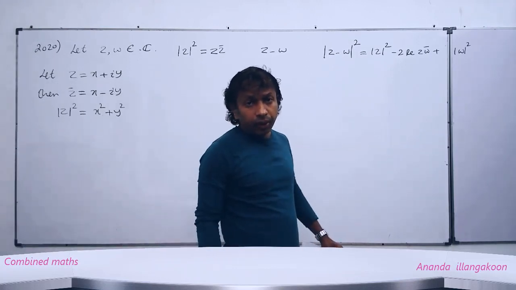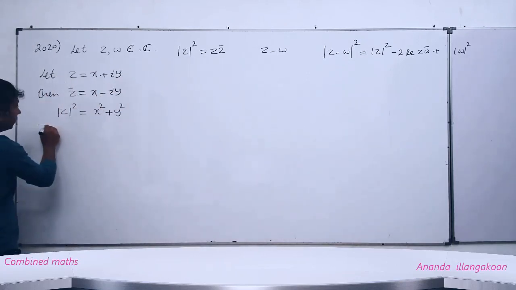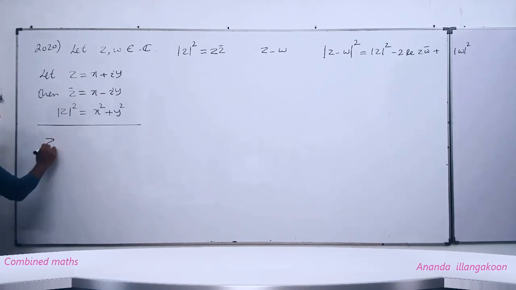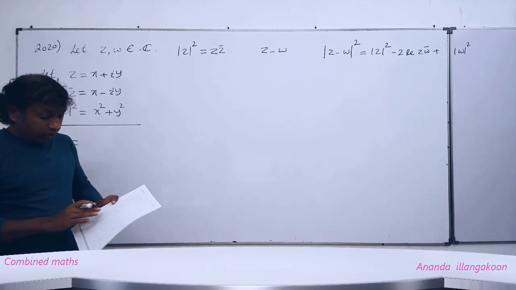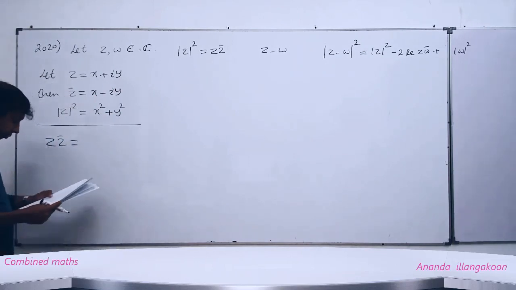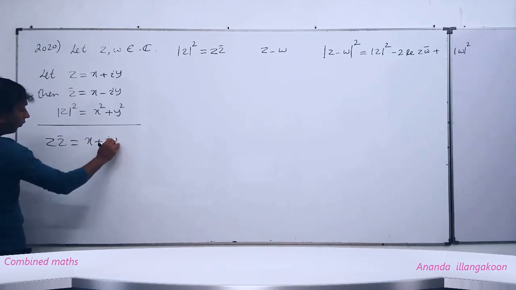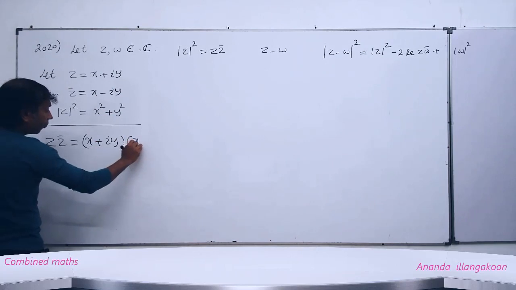Right. Now, to prove this, what I do is this. I take z z bar, we have done this, but I am doing it this way to give you an idea about getting marks. z z bar is x plus iy times x minus iy.